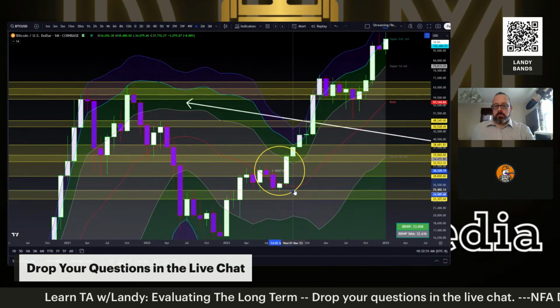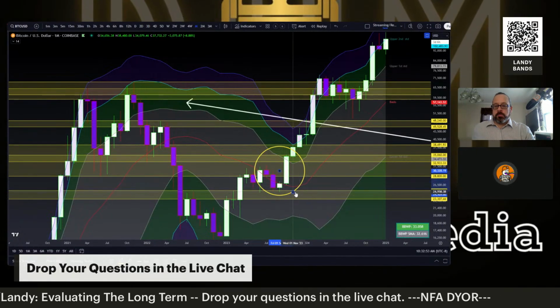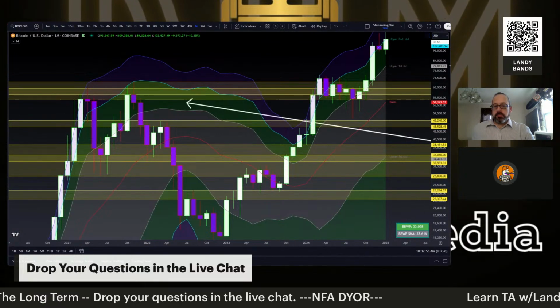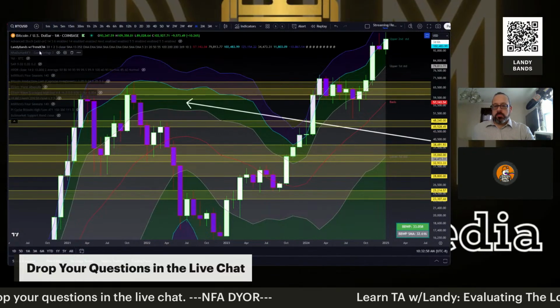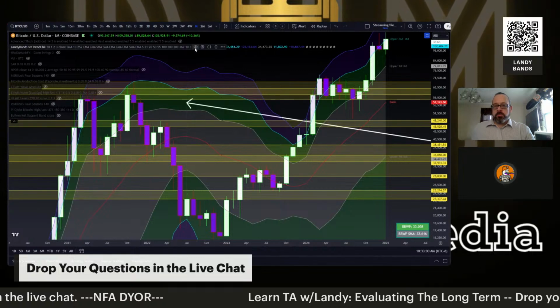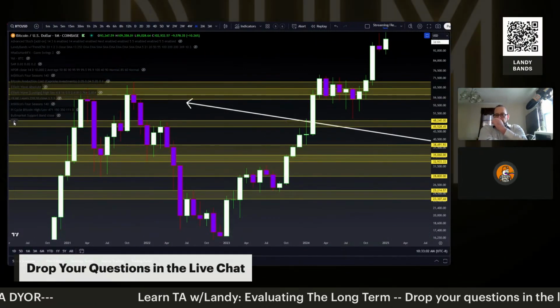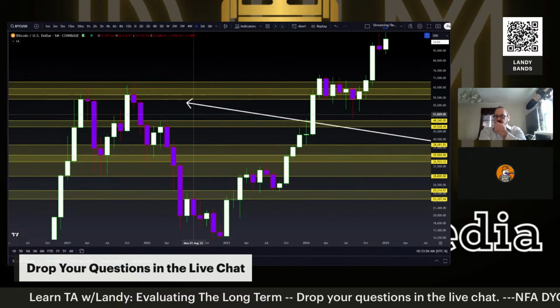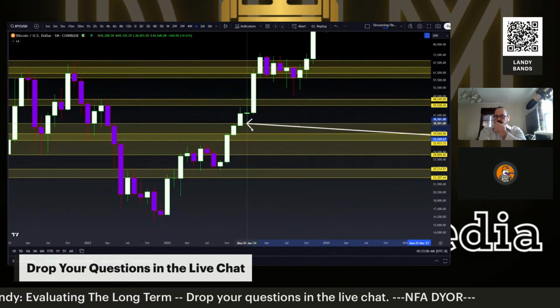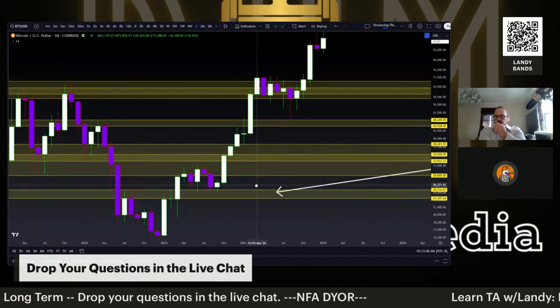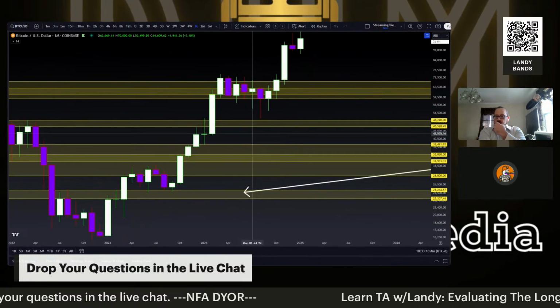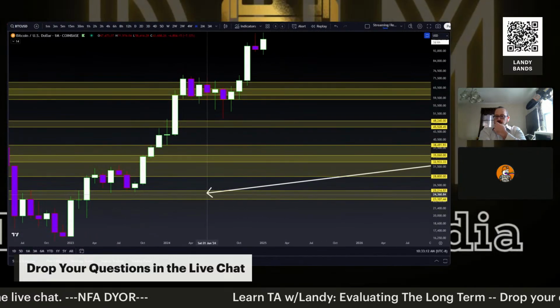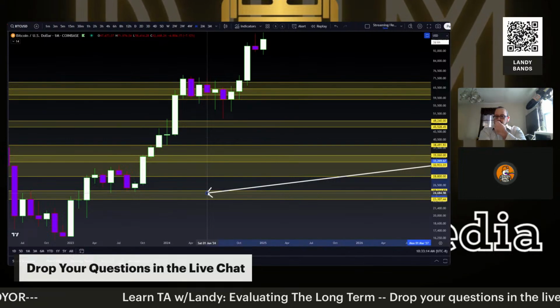And we're going to go ahead and get rid of this circle. We're going to get rid of the bands here, and we're going to start cleaning this chart up so that we have just price reference with these areas of interest. Because now, as we start looking at what we've marked off, you can see how price interacted with these levels.